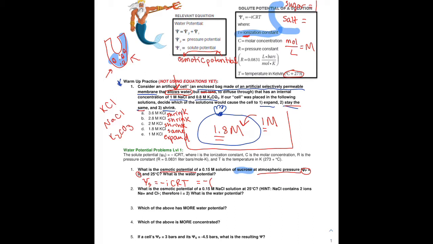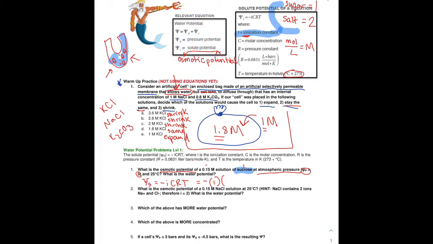When it gets put in some water, it's going to break into its smaller components. So salt has an ionization constant of 2 because it's going to break up into its ions when it's put into water.